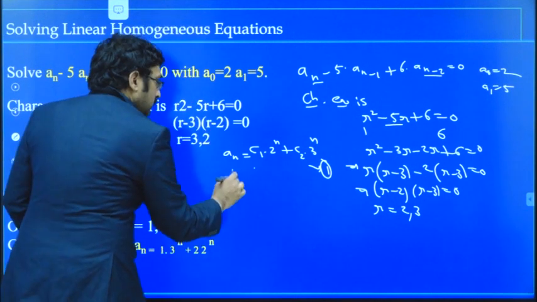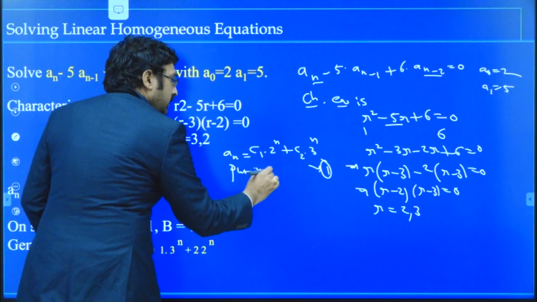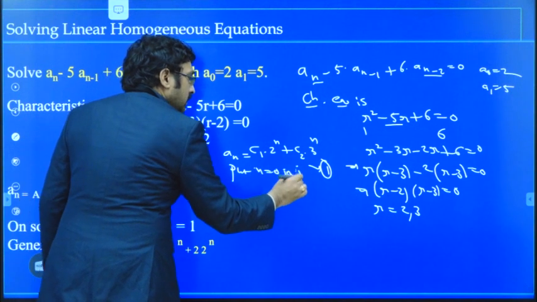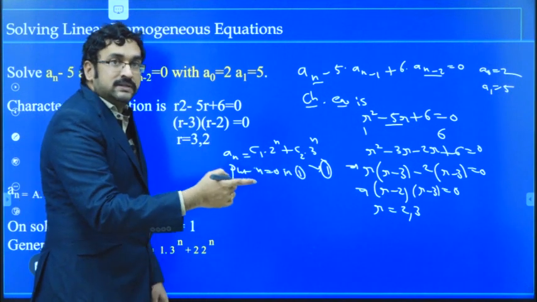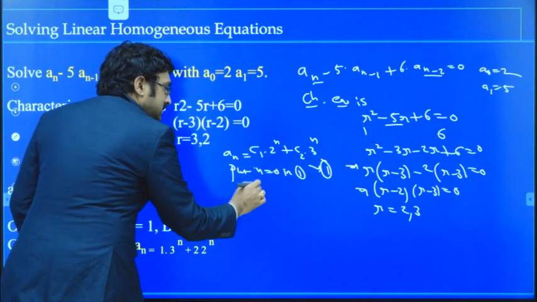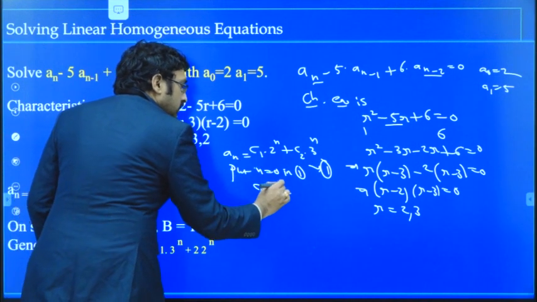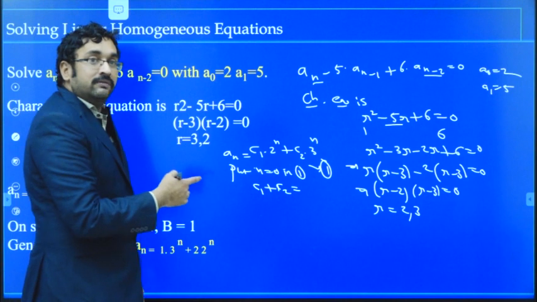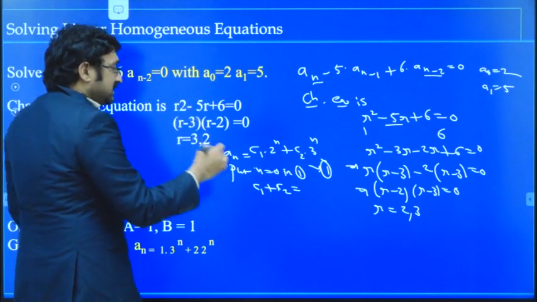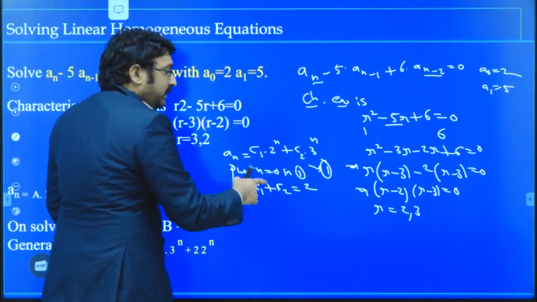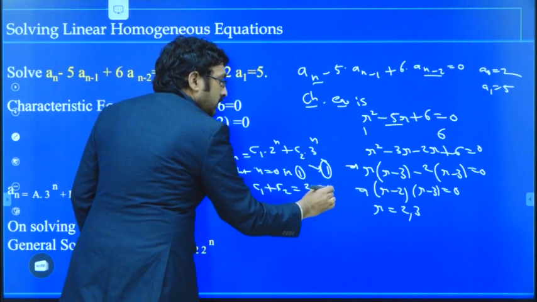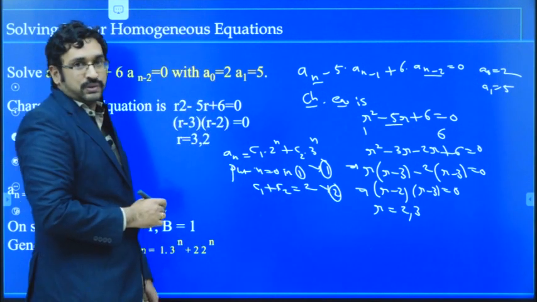So substitute n = 0 in the given equation. As anything to the power 0 is 1, the right hand side will be c1 + c2 = a_0. What is a_0 here? a_0 is 2. So c1 + c2 = 2. Assume this as equation number 2.